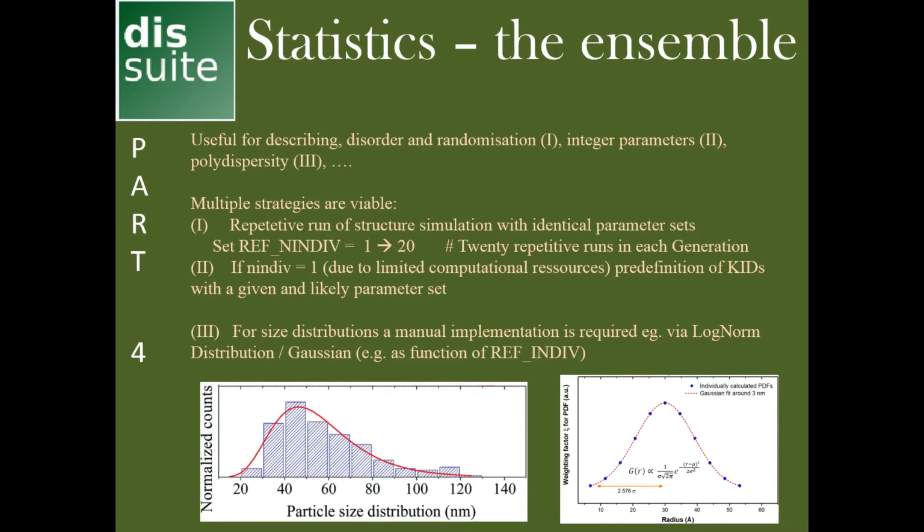All these, let's say, issues will force you to calculate a structure more than just once. When randomization, for example, is considered, it might be possible that you have one parameter set, and from this one unique parameter set you can create different structures if you have such a random effect in your modeling procedure.